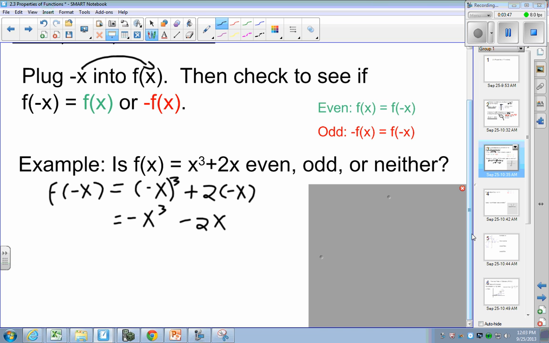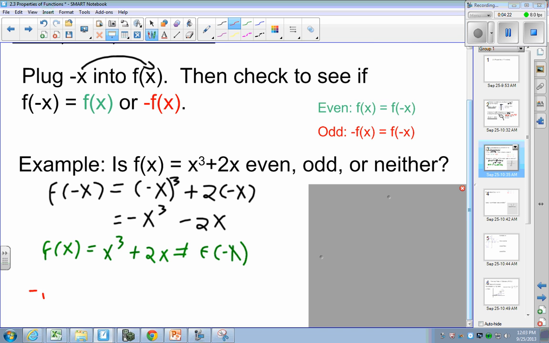So what have we just shown? Well, if our f of x is equal to our original function, x cubed plus 2x, well, we know that that doesn't equal this. So this doesn't equal f of negative x. And so we've just shown that it's not even, since f of negative x doesn't equal f of x. Could it be odd, though?